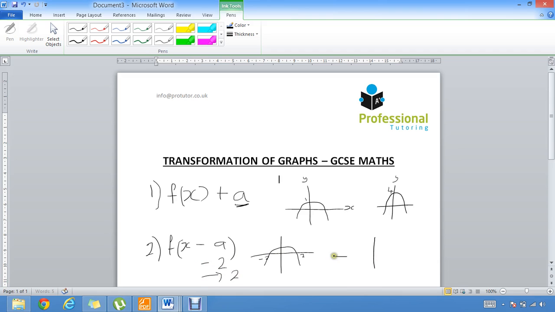So your new graph will look like this. This will now become 0 and that will become 4, because the whole graph has shifted towards the right by 2 points.